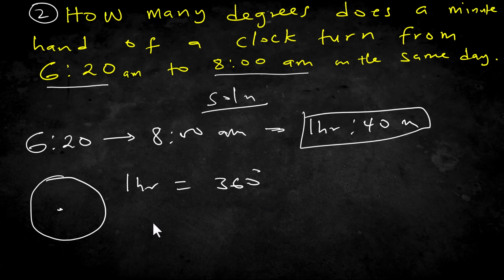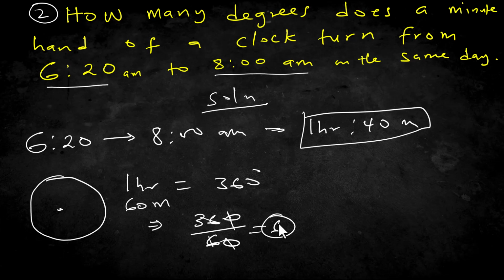So let's calculate an angle for each minute. 1 hour is the same as 60 minutes. So 360 over 60, this one will cancel, so we have 6. Having 6 degrees as the angle for each minute, we can calculate the number of minutes, then multiply by the angle, that is 6 degrees.